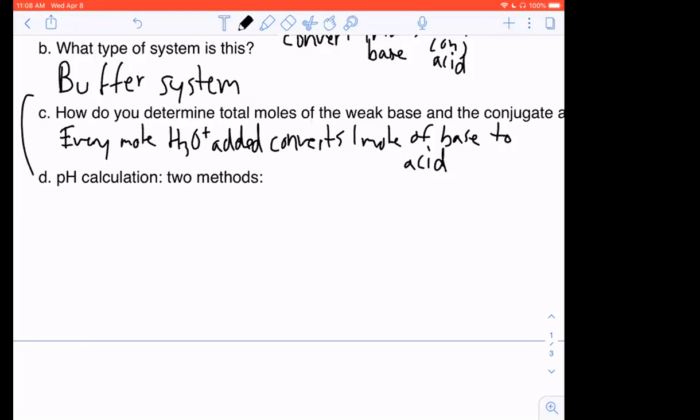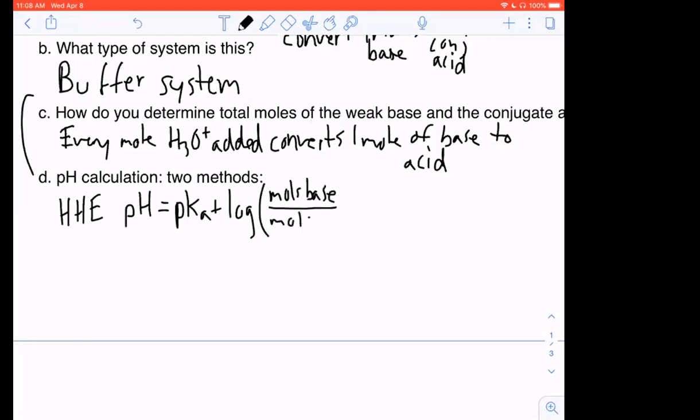But for now, you don't need the volume, because when you do the Henderson-Hasselbalch equation, which I'm just going to write as HHE, what you have is that the pH equals pKa plus the log of moles of base over moles of acid, which I think is a pretty simple calculation.